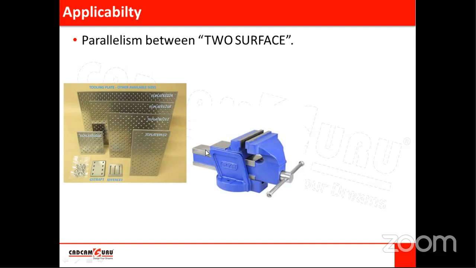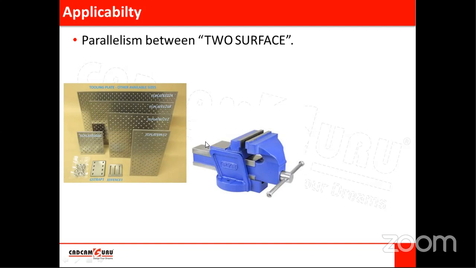Here you can see these slide ways. This is the moving jaw, or sliding jaw, and this one is stationary, fixed with the table. With the help of this screw, we can move the moving jaw in this direction.